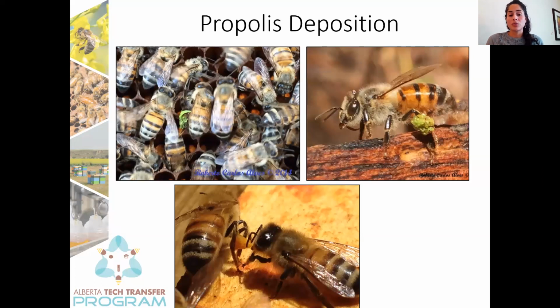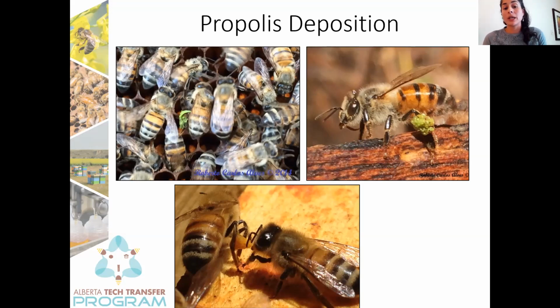And because it's so sticky, they need the help of another nestmate to remove that resin ball from their hind legs. Many times, just so you have an idea, pollen unloading, when they come with pollen from the field, can take even like 1 to 3 minutes.